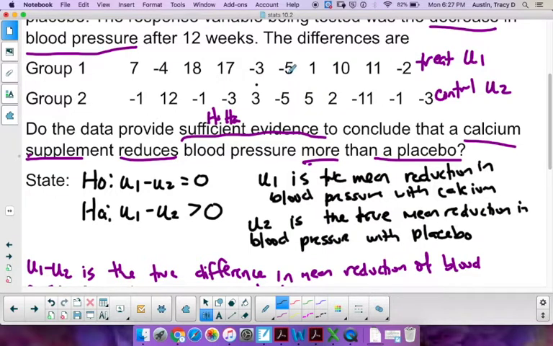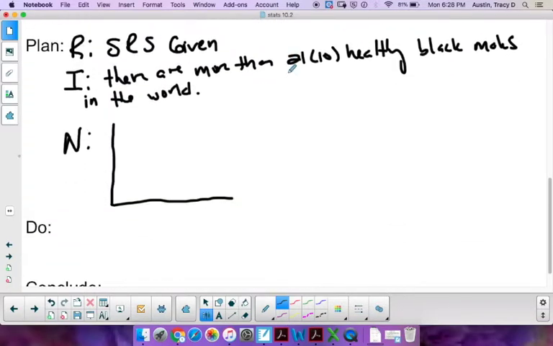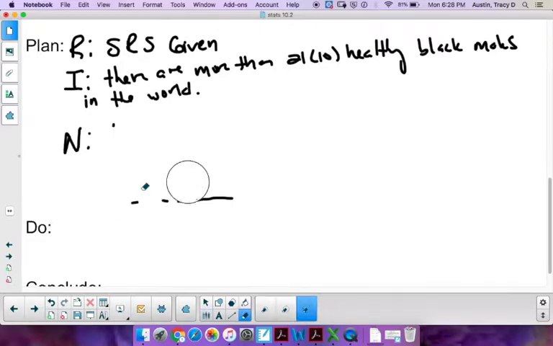18 minus negative 5, so that's 2.3. All right, so I need to go from negative 6 to 19. Okay, so that means I'm actually going to be on the other side. That's like negative 6 to, if I add 2.3 to that, it's like negative 3.7. And then, actually, you know what? Let's make this just a tad bit bigger so I can figure out where everything is going to go.